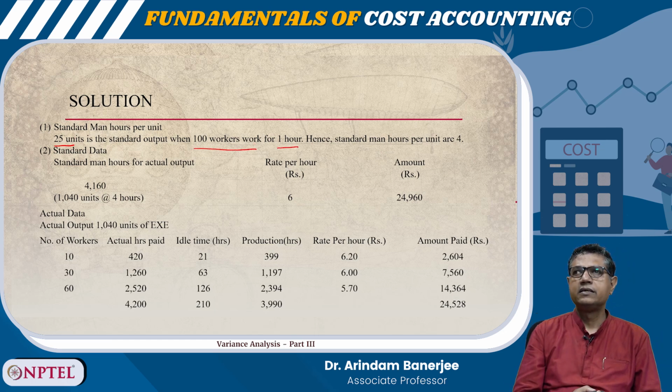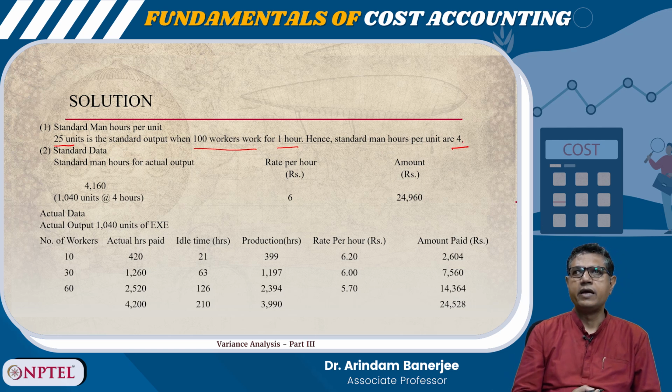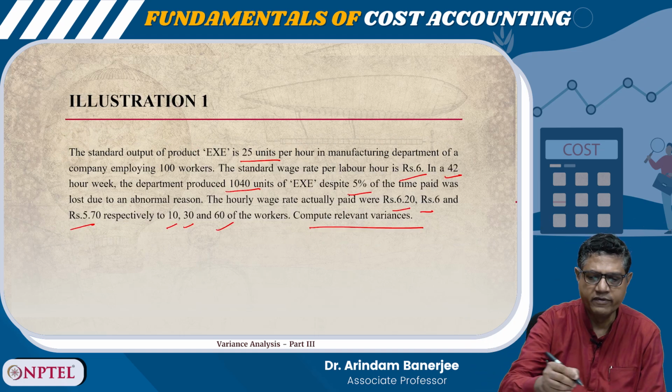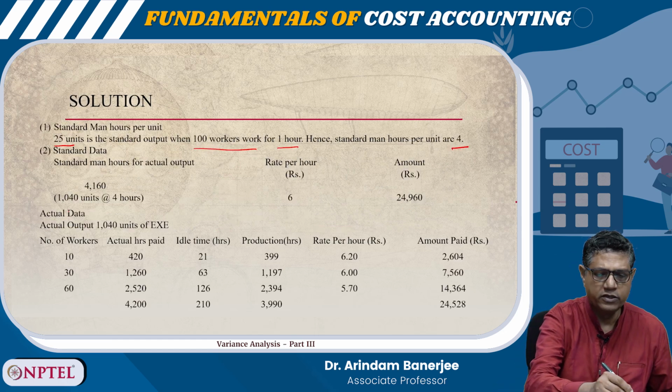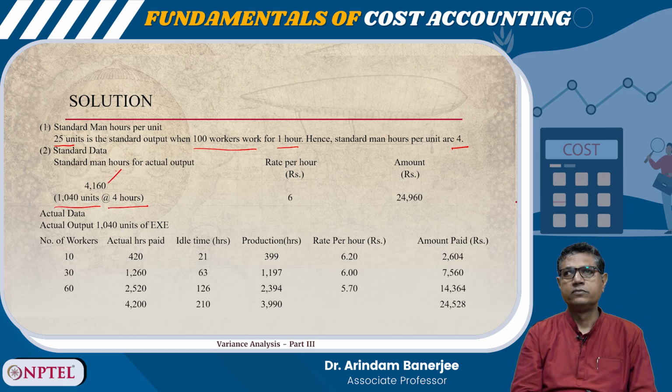Hence, 100 workers divided by 25, so it is 4 standard man hours per unit. Standard man hours for actual output: 1040 units, given in the problem, at the rate of 4 per unit, so it is 4160.